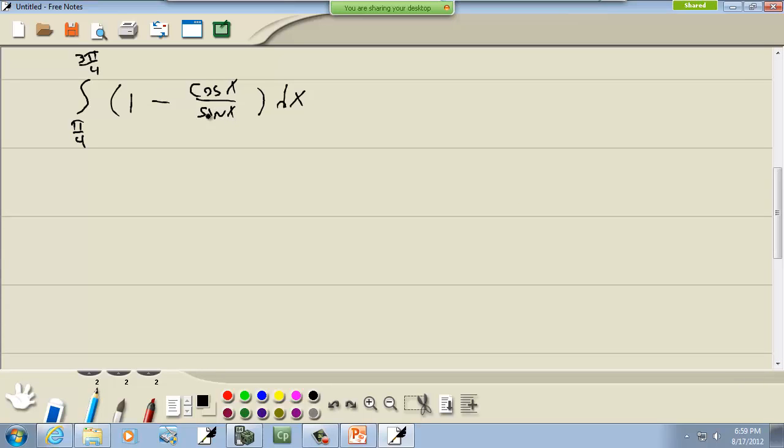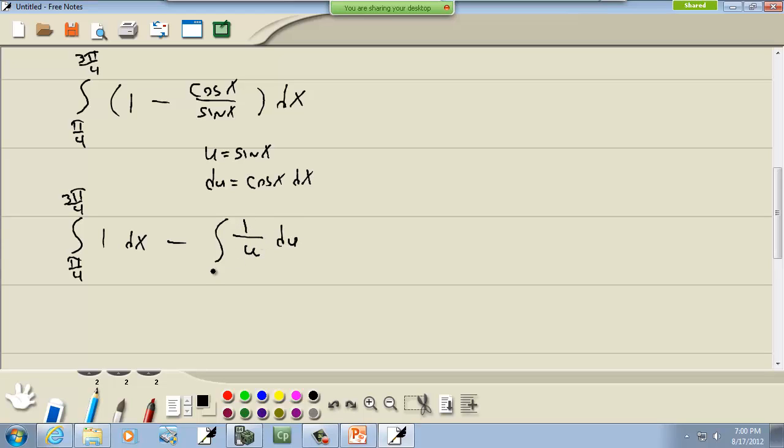Remember, one of the places we said we could set u is we could set u equal to the denominator. The 1 is okay, I'm just doing this piece right here. So u is equal to sine x, so du would equal cosine x dx, which is perfect for this. So I could split these up: the integral from pi over 4 to 3 pi over 4 of 1 dx, minus, and if I do my u substitution now, this will become 1 over u du.